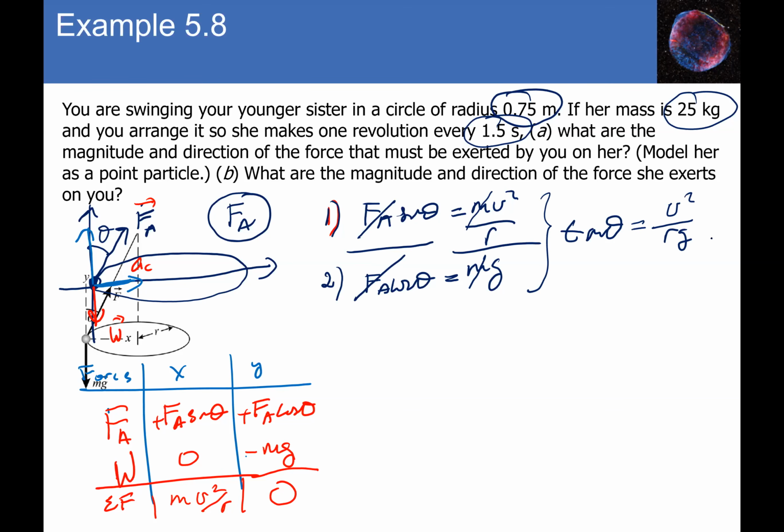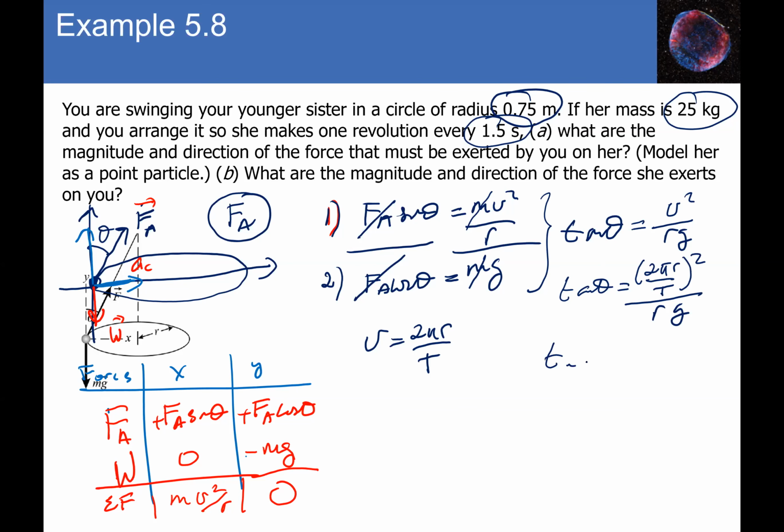Now, I don't have v directly, but v equals 2 pi r over the period, which means I can say tangent of theta equals (2 pi r over the period) squared divided by rg.